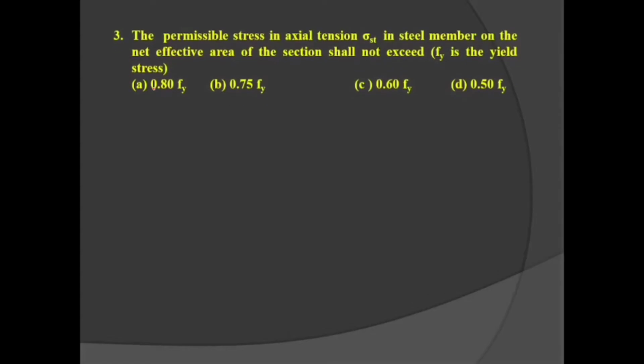Our question number 3 is, the permissible stress in axial tension, that is sigma AT. Basically, as we know, sigma AT is 0.6 Fy, whereas sigma BT, that is bending tension, is equal to 0.66 Fy.